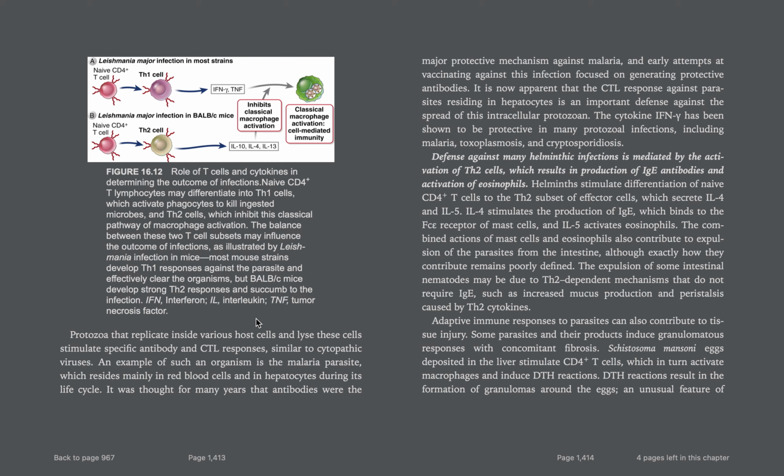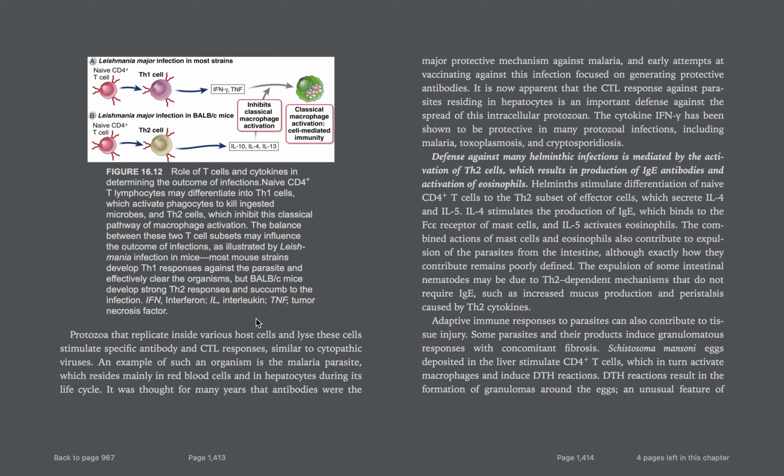The balance between these two T subsets may influence the outcome of infection, as illustrated by Leishmania infection in mice. Most mouse strains develop a Th1 response against the parasite and effectively clear the organism, but BALB/c mice develop a strong T helper 2 response and succumb to the infection.